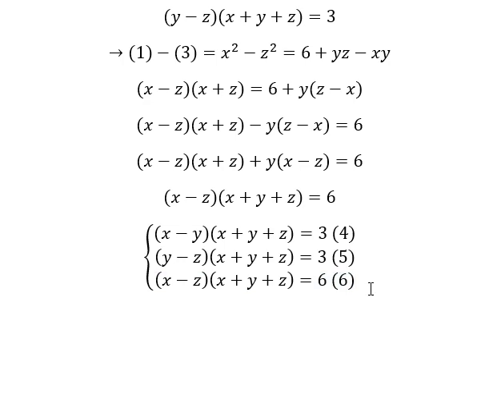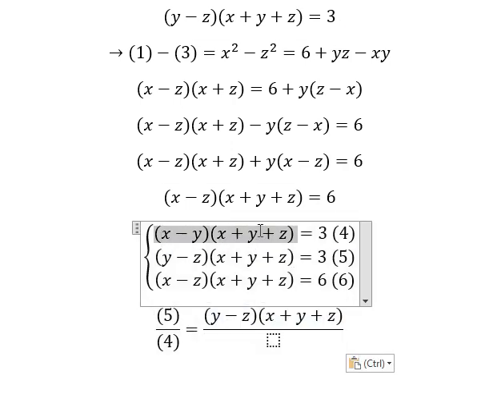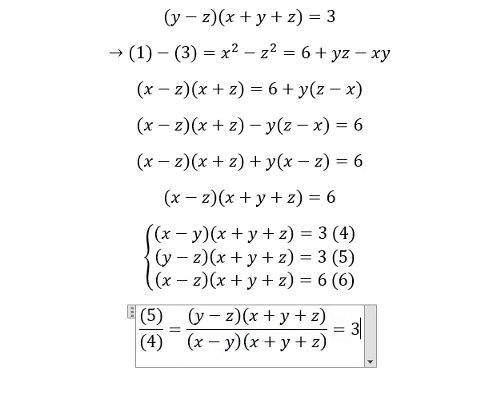So I will put number 5 divided by number 4. So in this situation, we have this one divided by this one equals number 3 divided by number 3.